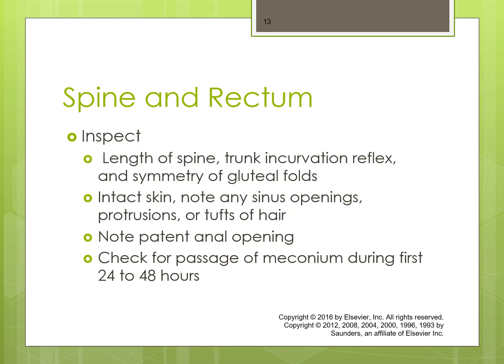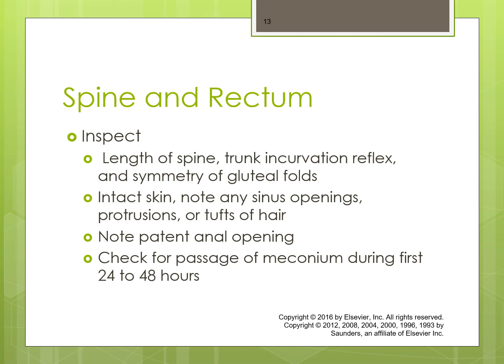So you want to look at the spine and the rectum as well. Each gluteal fold should be symmetrical. You want to be sure that it is the same left side and right side. Also on the back, you want to look for any opening along the spinal column.